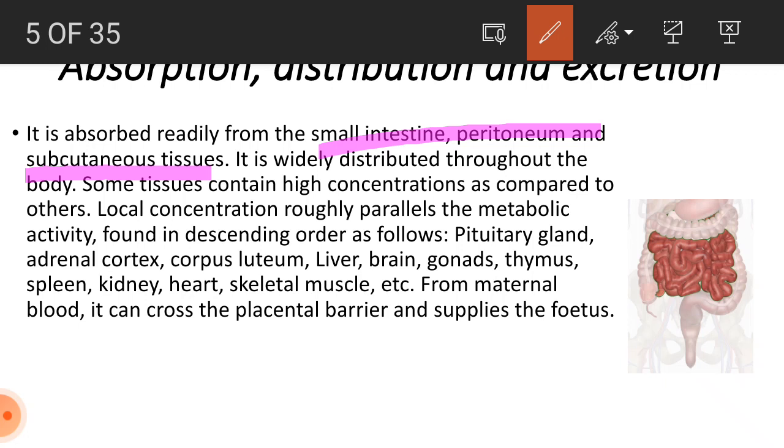Local concentration roughly parallels the metabolic activity, found in descending order as follows: pituitary gland, adrenal cortex, corpus luteum, liver, brain, gonads, thymus, spleen, kidney, heart, skeletal muscle, etc. From maternal blood, it can cross the placental barrier and it will be supplied to the fetus. So, vitamin C can be supplied to the fetus as it can cross the placental barrier.